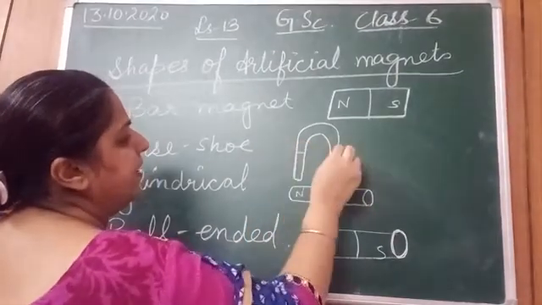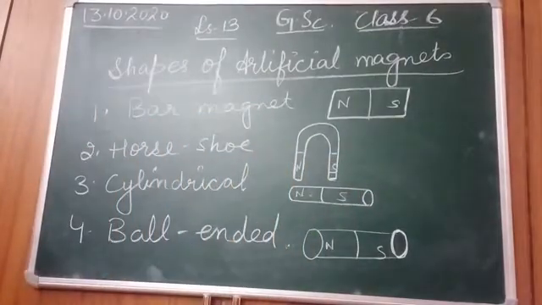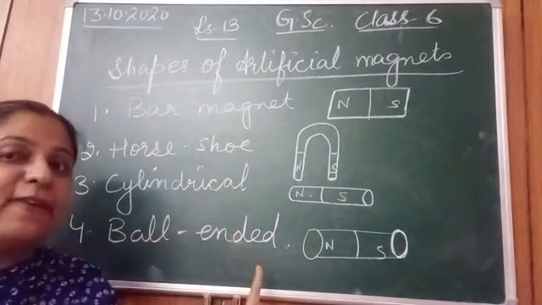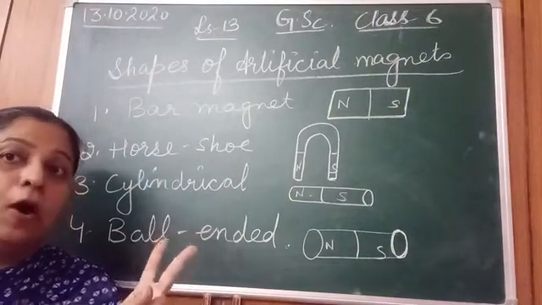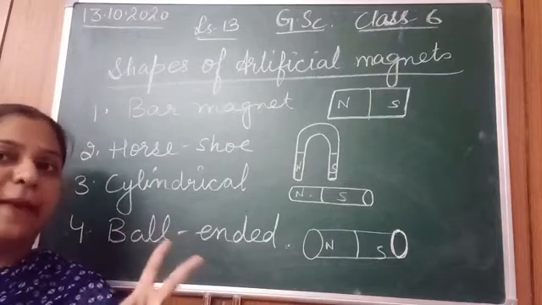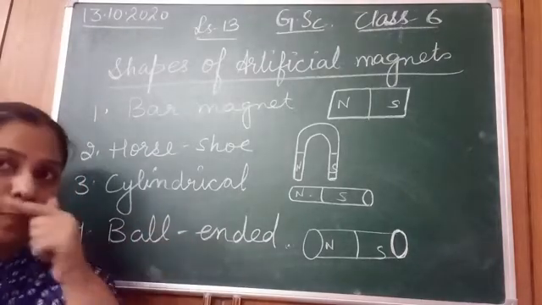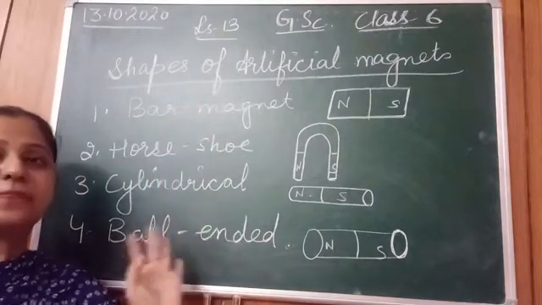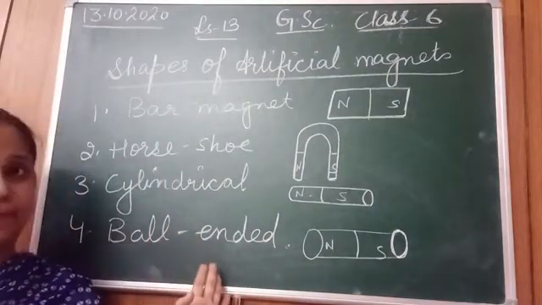In the same way, one is north and one is south. So from here you might have been clear that in a magnet there are two poles. Always there are two poles of a magnet. One is the north pole and the other is the south pole. Right? Nowadays magnets are available in these four shapes.